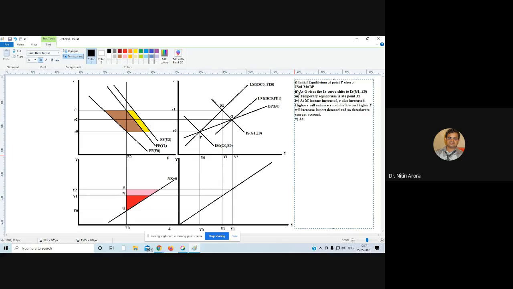Point 5, as M is to the left of the BP curve, there exists a surplus in BP because the increase in capital inflow is higher than the deterioration in current account.